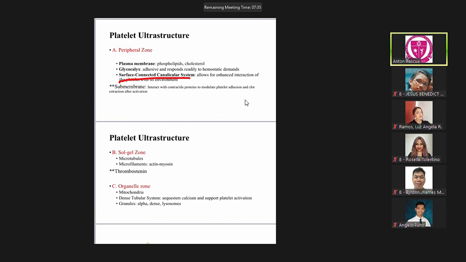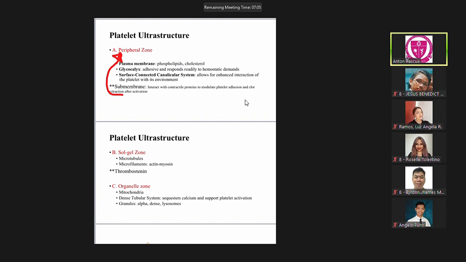And through the submembranous region, it interacts with contractile protein so that later on, your platelets can attach on your damaged blood vessel. Okay? So pag nakakita na si platelet noong injury, so for them to be able to bind on that injury, so it's through your submembranous region under your peripheral zone.